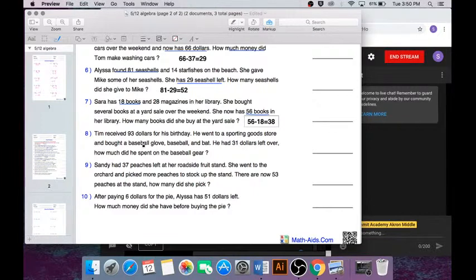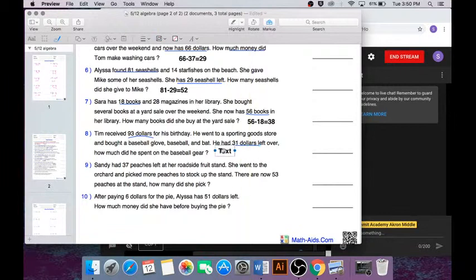Okay. Tim received $93 for his birthday. He went to a sporting goods store and bought a baseball glove, baseball, and bat. He had $31 left over. How much did he spend on the baseball gear? So we know he started with $93 and now he has $31.